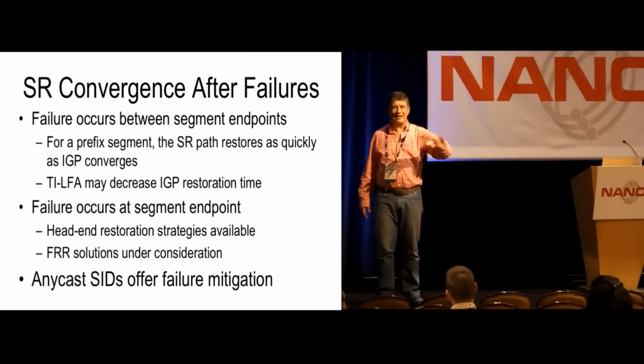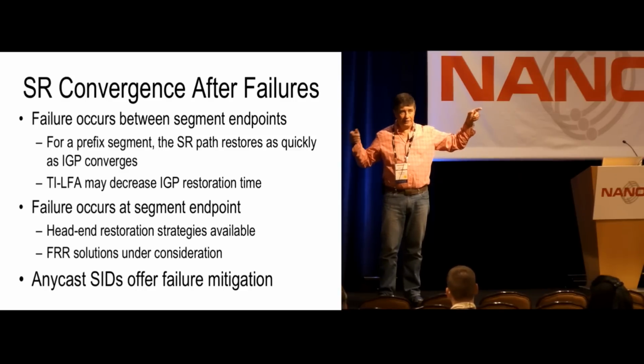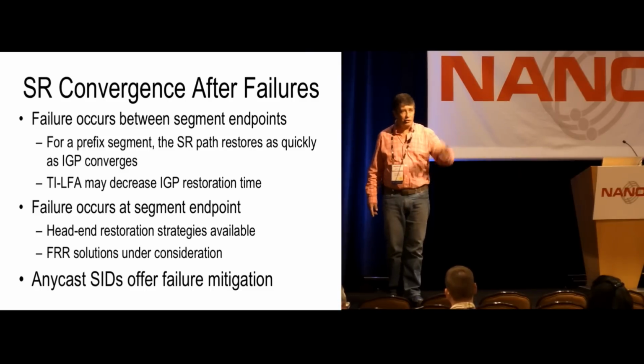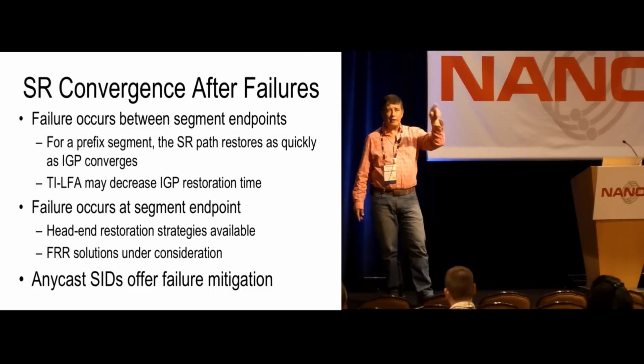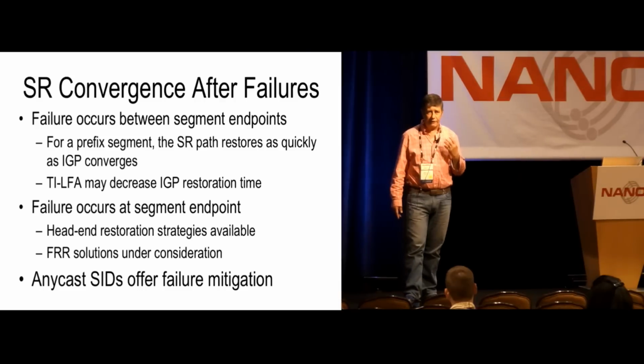Question for the audience. How do you think restoration is going to work? Right, the IGP reconverges, and the packet is still fine. It still has all the right paths it needs to visit. It's just that the route between the beginning of one path and the end of that path has changed. So you are as fast as IGP convergence is going to work.